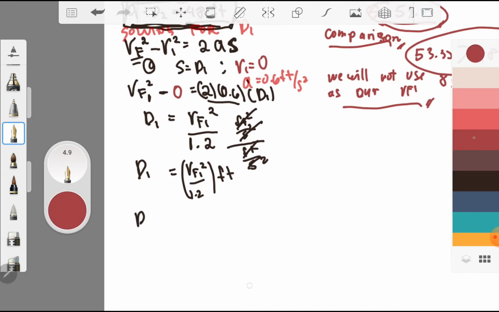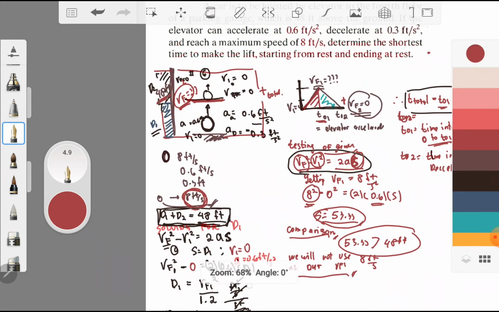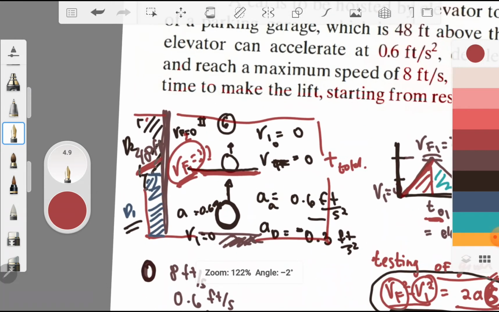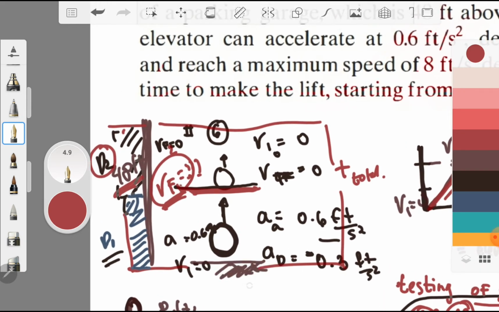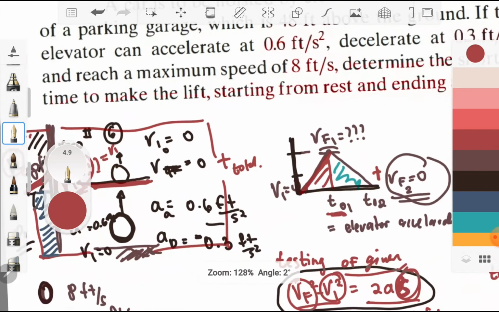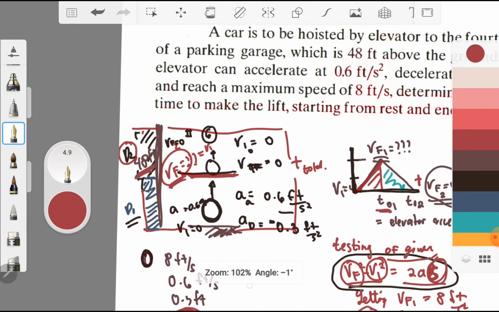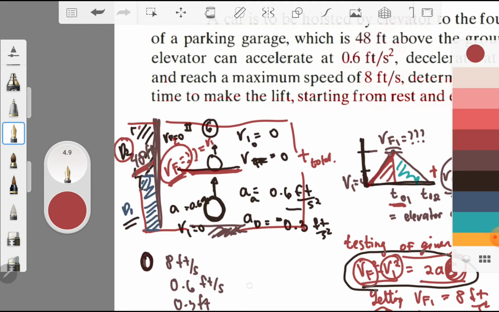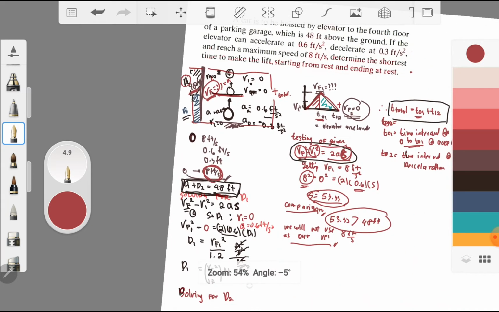Solving for our D2. So, paano natin solve yung D2 natin? Okay. This will be our D2. Take note that our VF1 will be our VI at second time interval. Bakit? Basically, dyan ka lang galing eh. Tama? So, yun magiging VI mo, and then papunta sa VF2, which is 0.